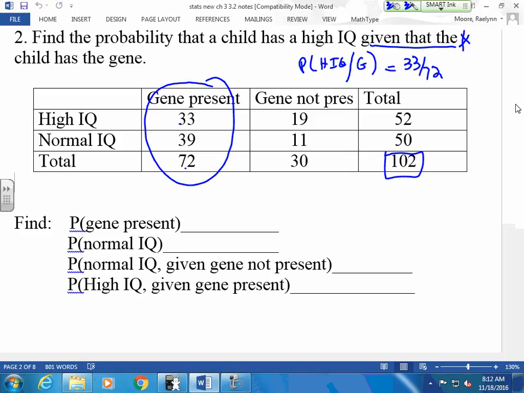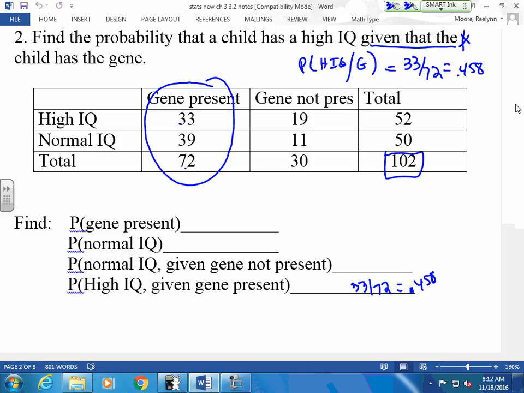When they give us a table, circle what the given wants done. And you can reduce this down to, given the gene present, that's the bottom one. That's this guy right down here. I added more than they had because I wanted to do a few more things. It comes down to 0.458.